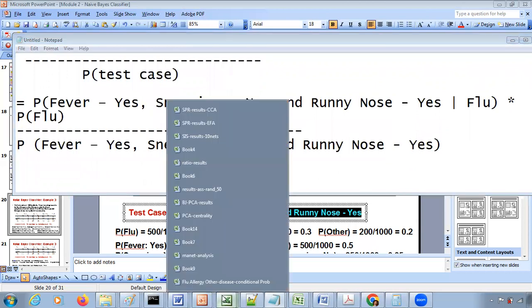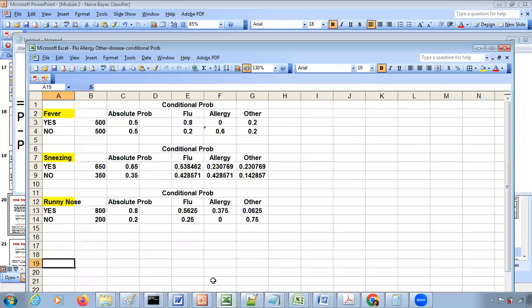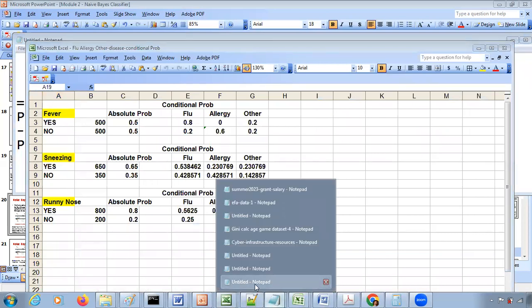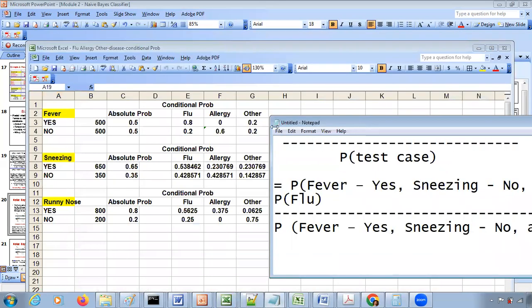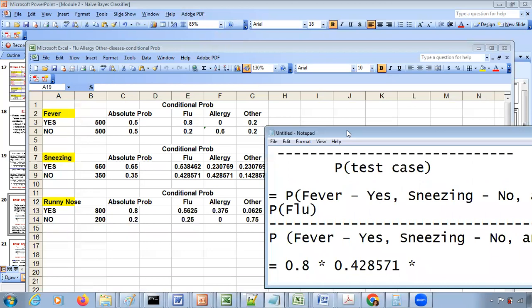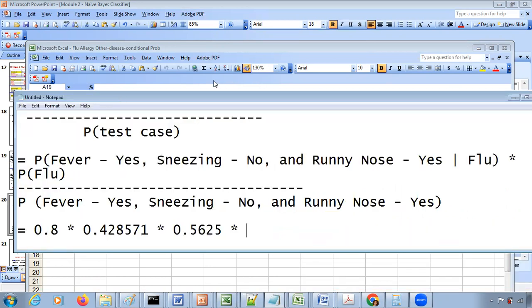Okay, so let's go back to the conditional probabilities table. Given that someone had flu and fever yes, that is 0.8. Sneezing no and flu is 0.428571. And the third one, runny nose yes and flu, is 0.5625, times probability of flu.